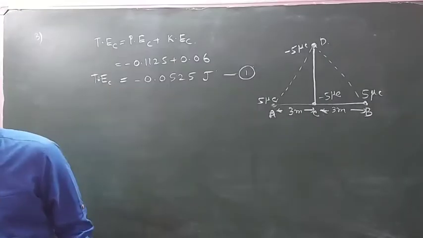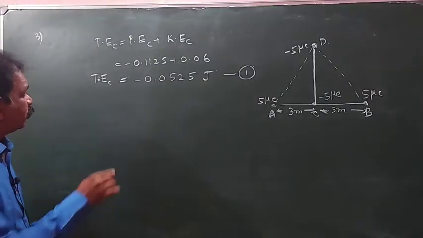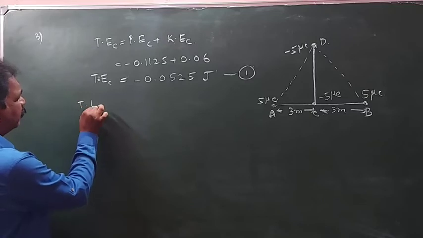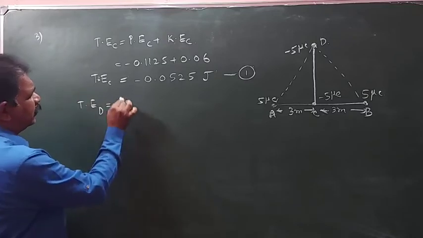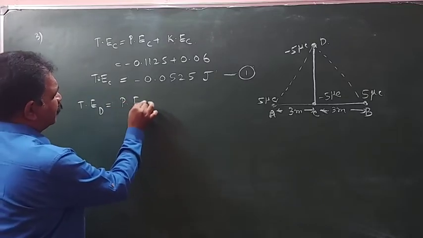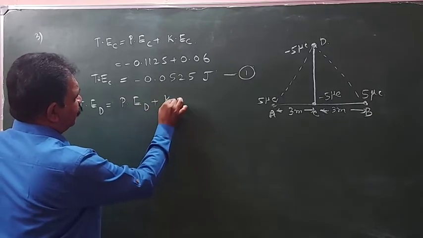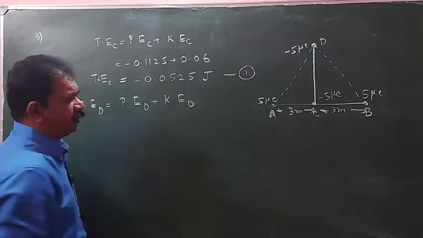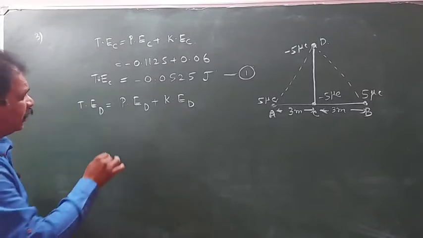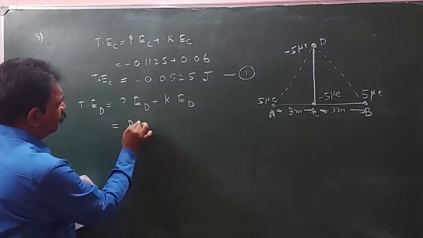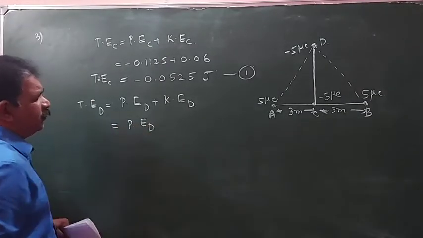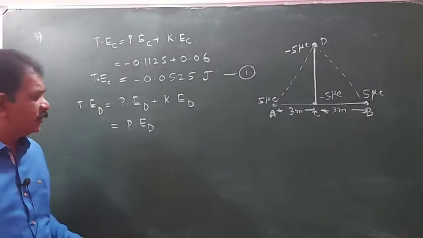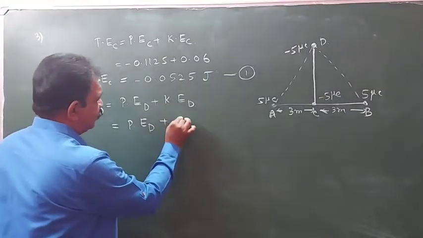Total energy at the point D is equal to potential energy at the point D plus kinetic energy at the point D. Kinetic energy is 0, so this value is equal to potential energy at the point D plus 0.